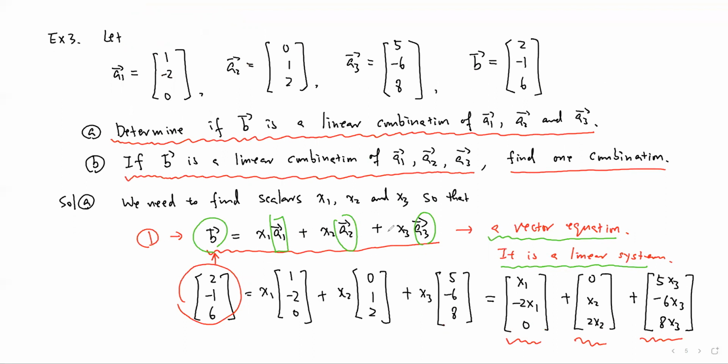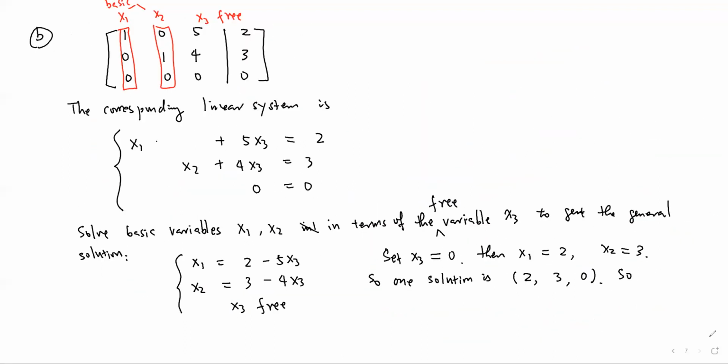So go back to the vector equation. So one combination is vector B is x1 times a1. Now x1 is 2, 2 times a1, plus x2, number 3 times a2, and then x3, 0 times a3.